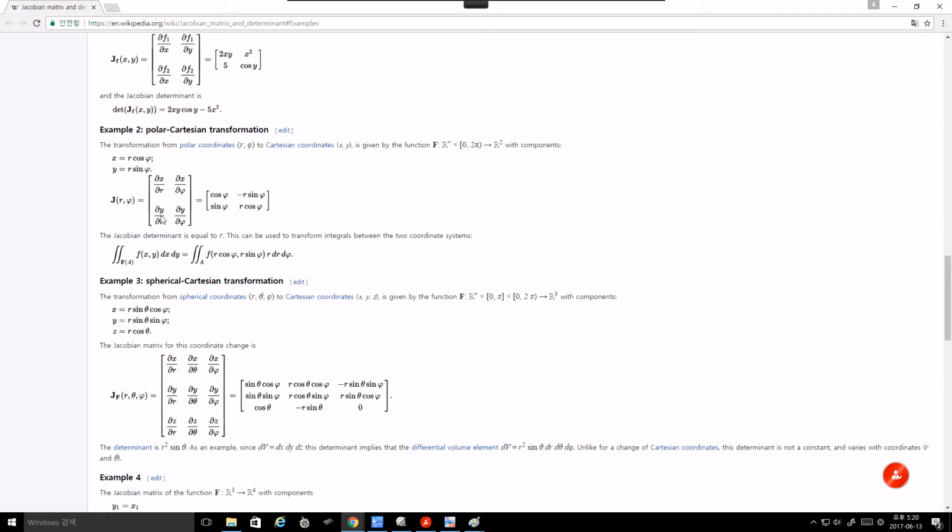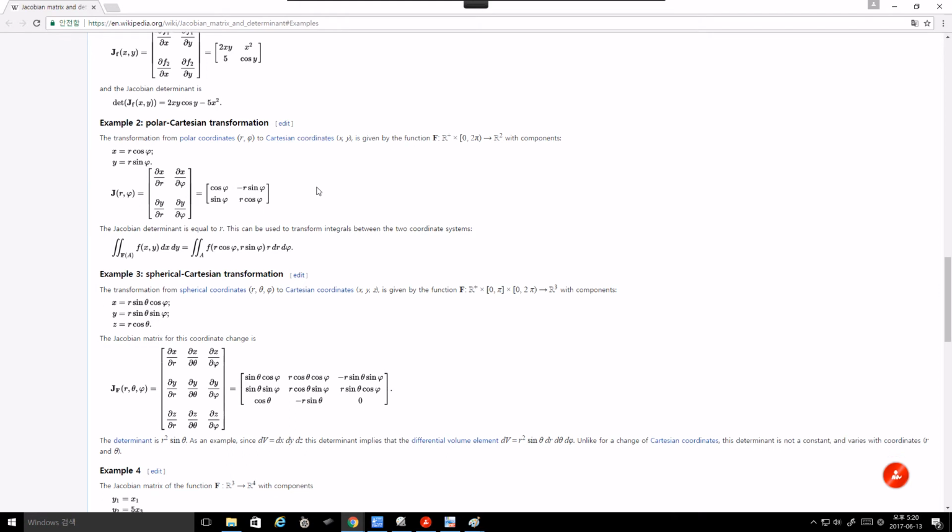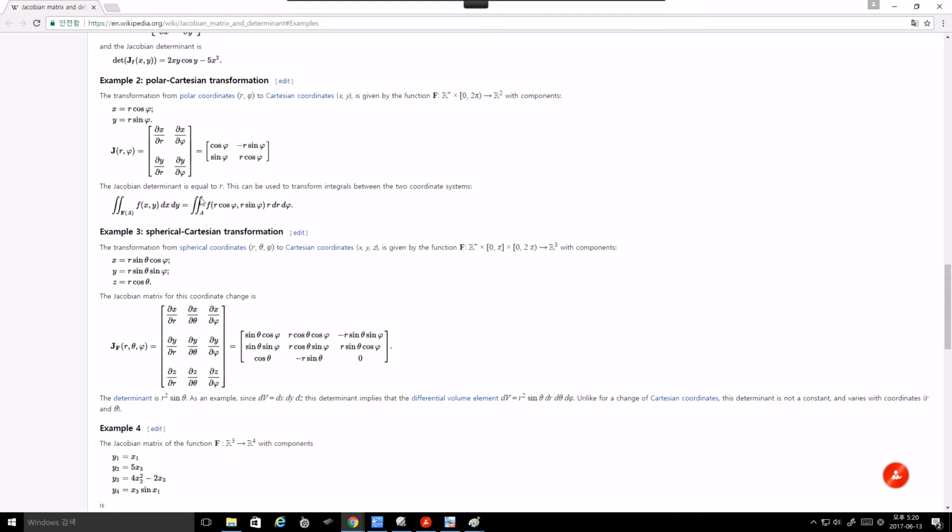The first column is the derivative of both functions with respect to r. The second column is the derivative of both functions with respect to phi. So x_r: if we take the derivative with respect to r, we have only this term, r goes away. Now in the next line we take the derivative of this one: cosine phi derivative is minus sine phi, and sine phi derivative is cosine phi. So in some sense, the Jacobian determinant is equal to r.